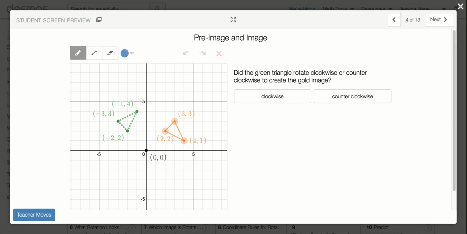So did the green triangle rotate clockwise or counterclockwise to create the gold image? Remember our arrows. So we started in quadrant 2, not quadrant 1, and we rotated backwards. So the coordinate grid goes 1, 2, 3, 4, which is counterclockwise.